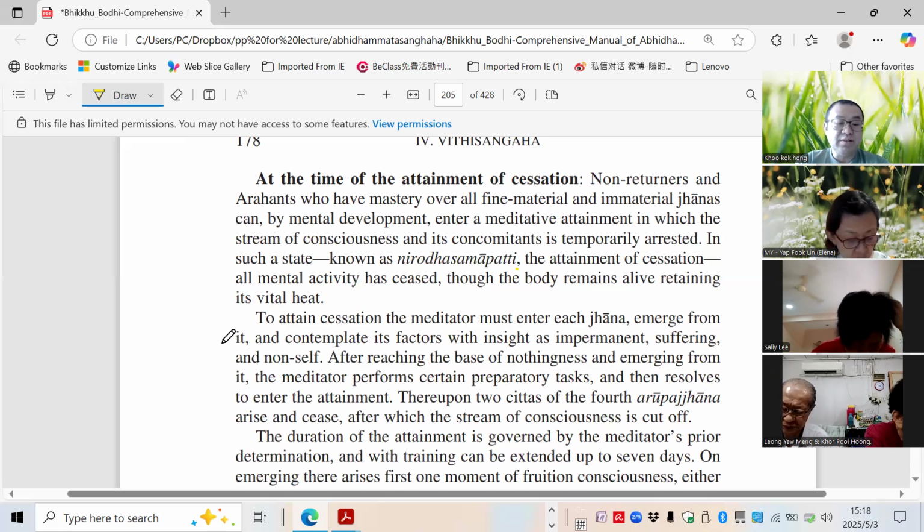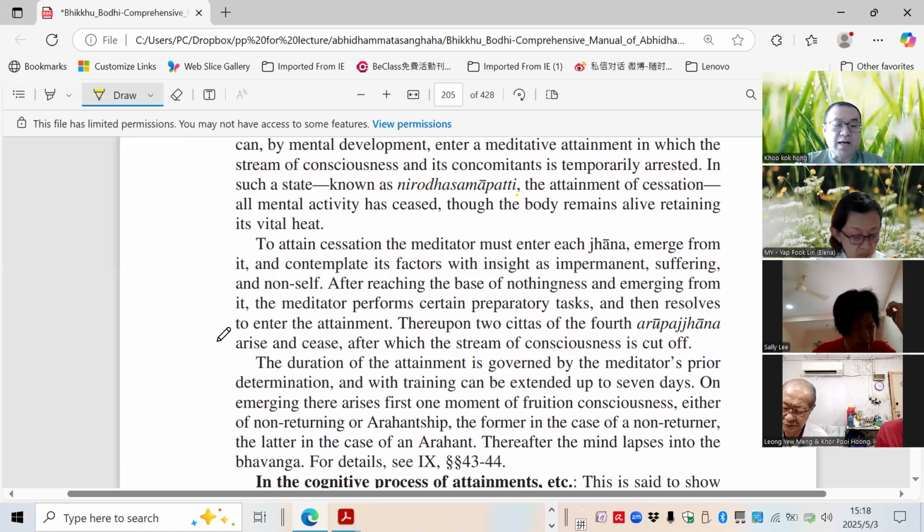On emerging, there arises first one moment of fruition consciousness, either of non-returning or arahantship, the former in the case of a non-returner, the latter in the case of an arahant. Thereafter, the mind lapses into bhavanga. For detail, see chapter 9, guide 43 to 44.